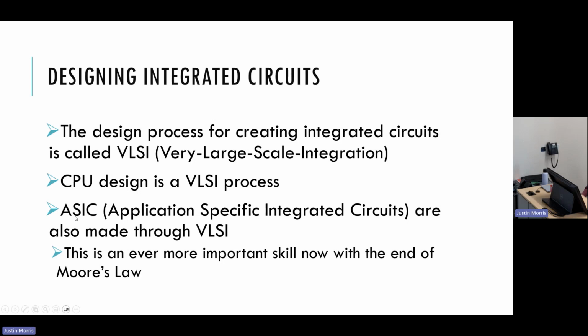So where was I getting to? All right, so that's one example, right? There are other examples where we are seeing ASIC chips being made. Another example is on your phones.